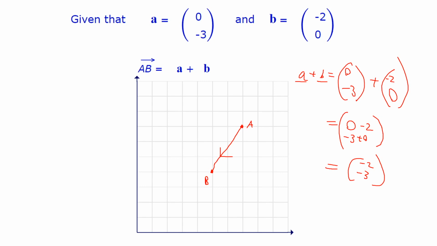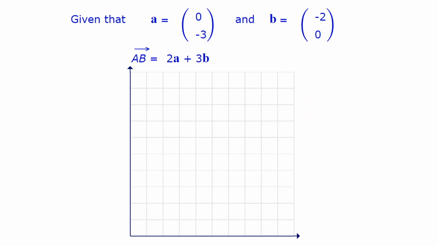What about something like this though, where this time we're told AB is 2A plus 3B. Well, it's exactly the same, only this time we need to multiply everything by 2 and everything by 3, and then we can add them up.